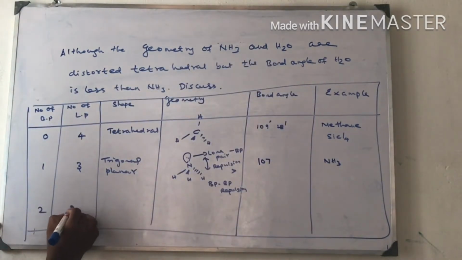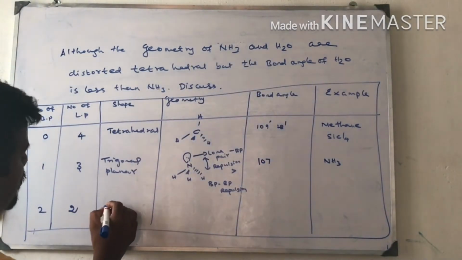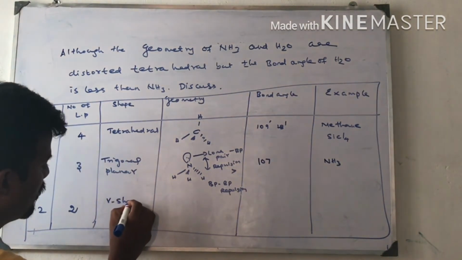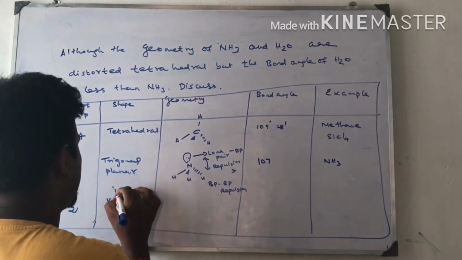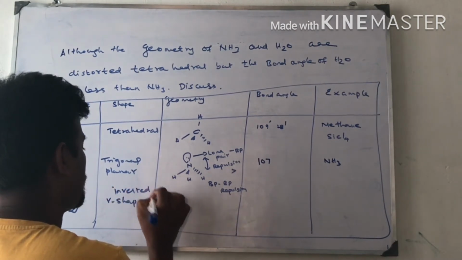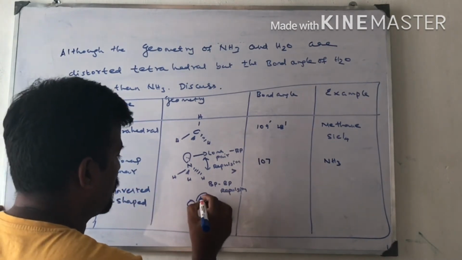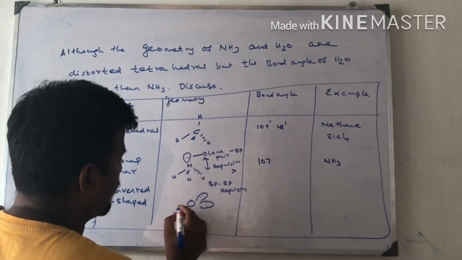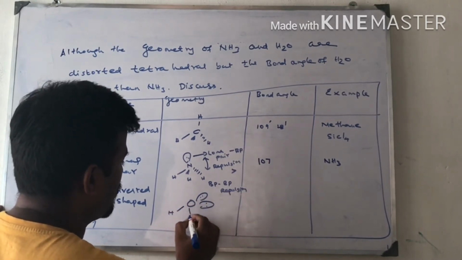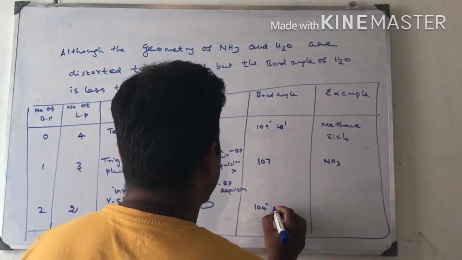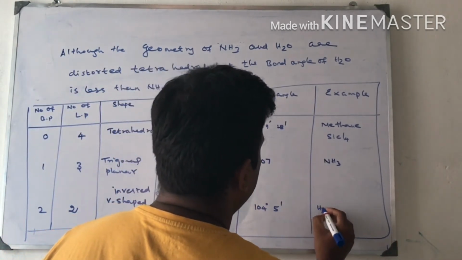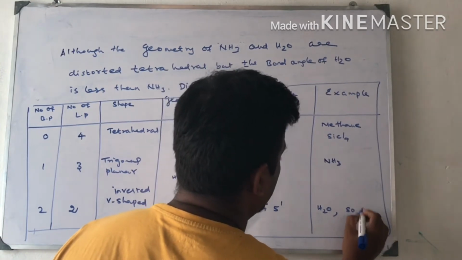Next, 2 lone pair, 2 bond pair. V shaped or inverted V shape. Example, water molecule. Sulfur dioxide also comes as an example. This category is bent shape, 104 degree 5 minutes, H2O and SO2 as examples.